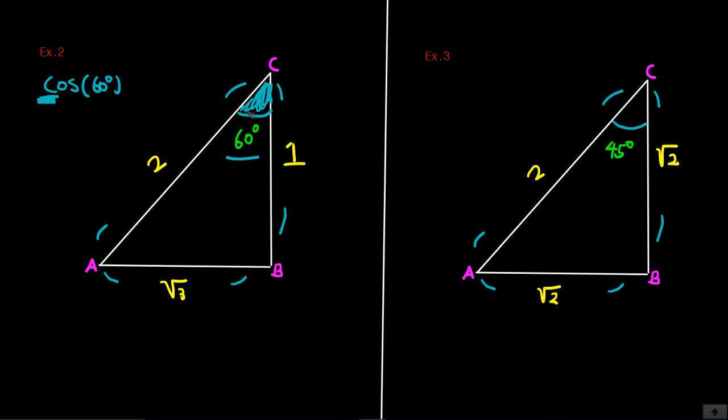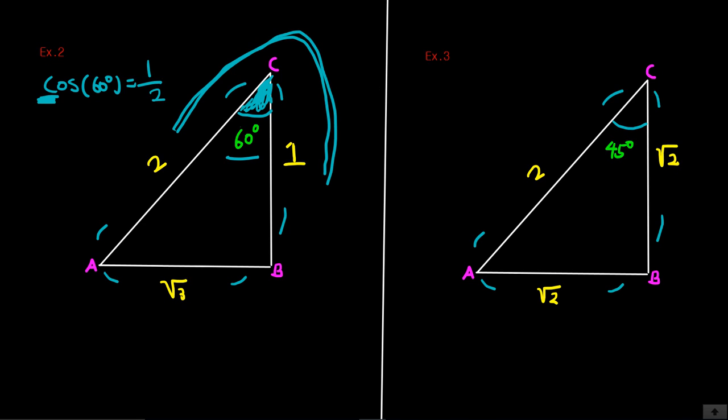It is near a central angle. So it starts from the 2, and it will go all the way down to the 1. And this is C for initial value of cosine. So the hypotenuse is going to be the denominator, and in the numerator the ending line, which is 1.